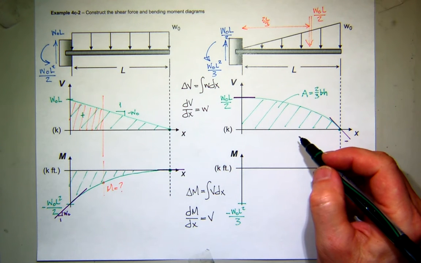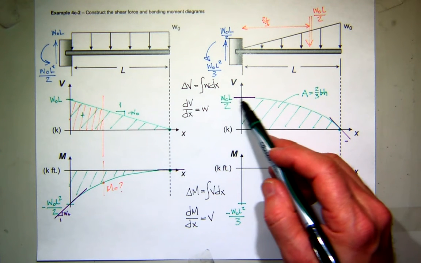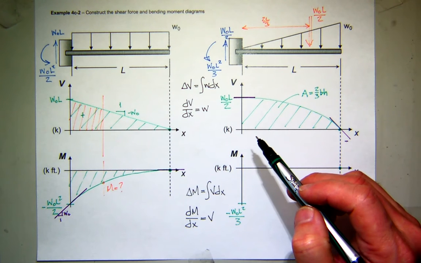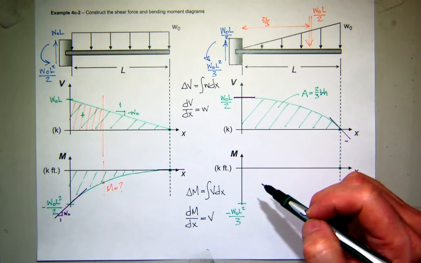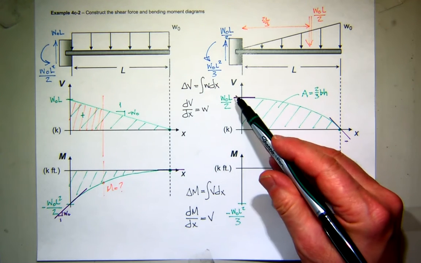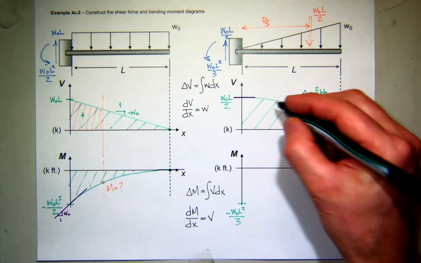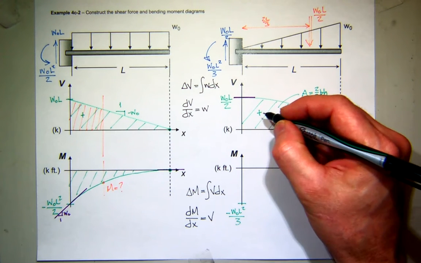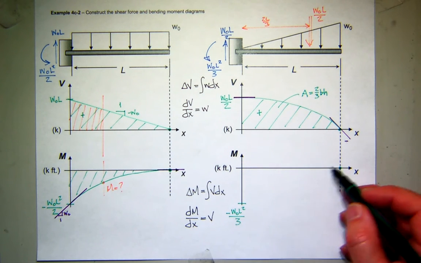And what makes it a parabolic section is one end has a 0 slope. So let's just say you knew that. So what's the area of this curve? 2/3 base L times height W naught L over 2. If you calculate that, you get positive W naught L squared over 3. So you add it to that, you do get 0.